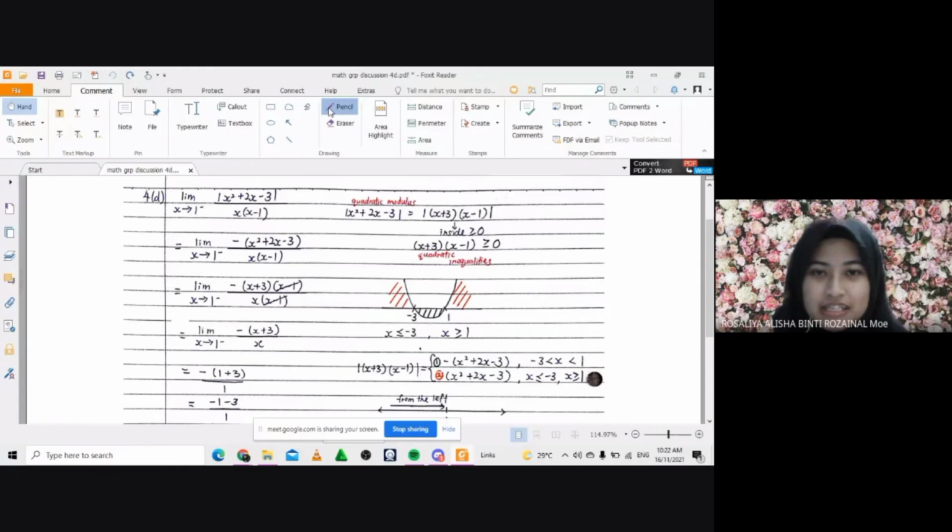For the 4D, we have the equation where there is a modulus, and this modulus is a quadratic modulus.